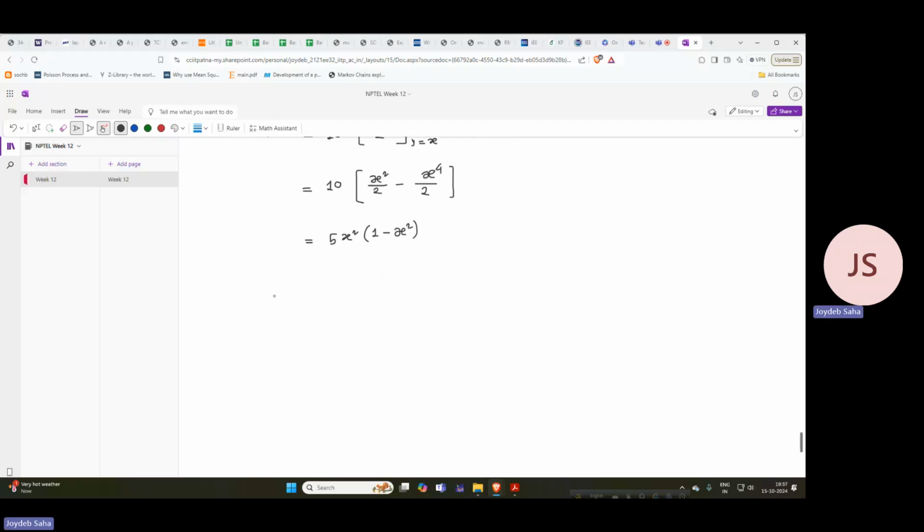Okay, so the marginal density of x, f of x, is 5x square into 1 minus x square, for x value 0 to 1, that is 0 less than x less than 1, and elsewhere it is 0.